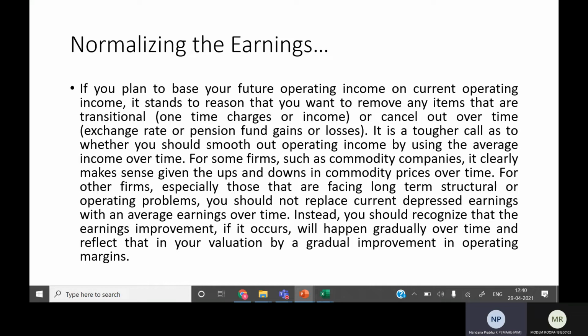Normalizing earnings. We did normalize earnings in the FCFE model, which was required there. Now let us find out the answer to the question.